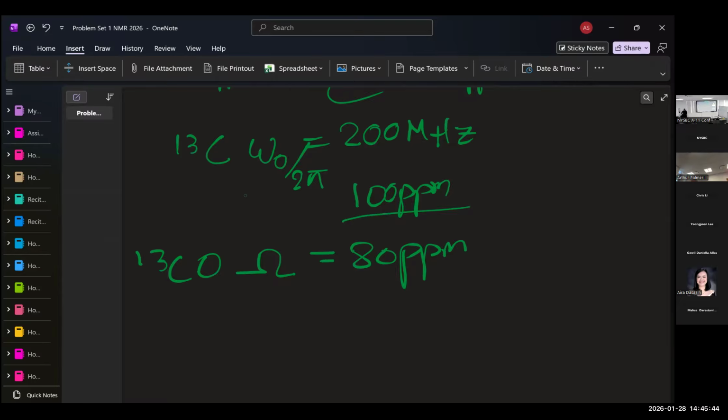So I'm asking about capital omega: if the offset for the carbon is 80 ppm, what's the offset in hertz? The carbon Larmor frequency is 200 megahertz, your offset is 80 ppm, so the offset in hertz becomes?